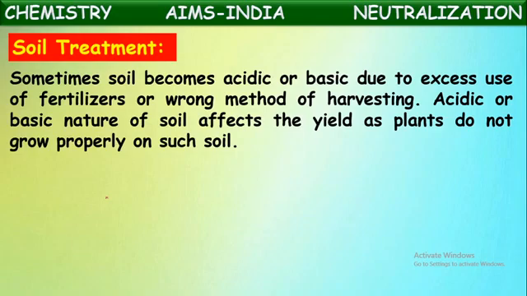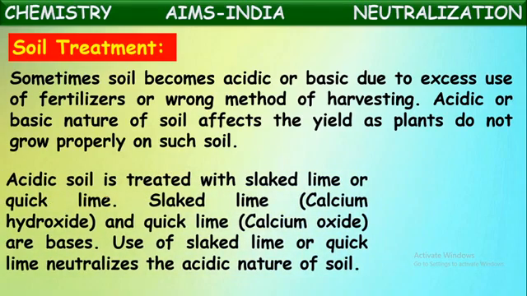So how to get rid of this affected soil, acidic or basic soil? There are some treatments for this. One of them is that acidic soil is treated with slake lime or quick lime, where slake lime is calcium hydroxide and quick lime is calcium oxide, which are both bases.